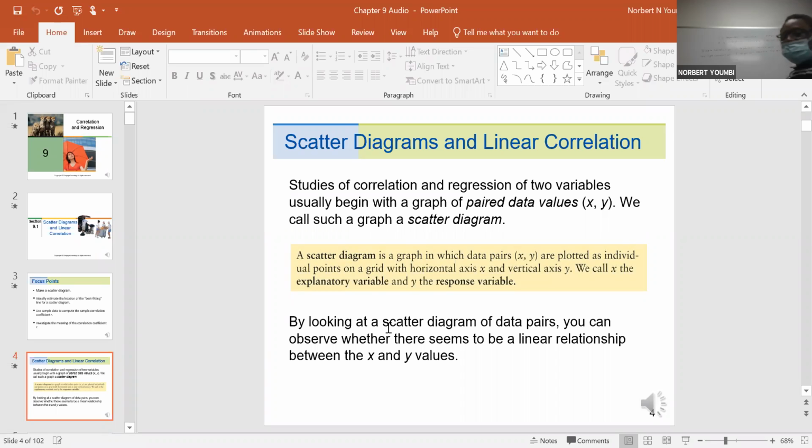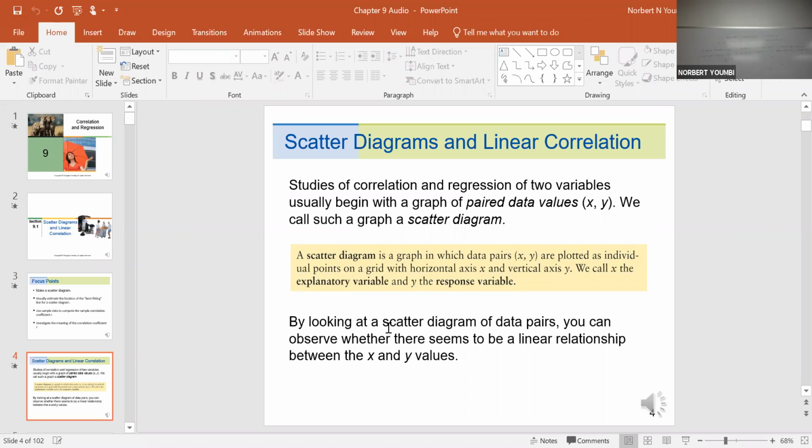So when we have a simple correlation, we have two variables, x and y. We can represent them on a rectangular coordinate system. Here is x and here is y. To make what we will call a scatter diagram.